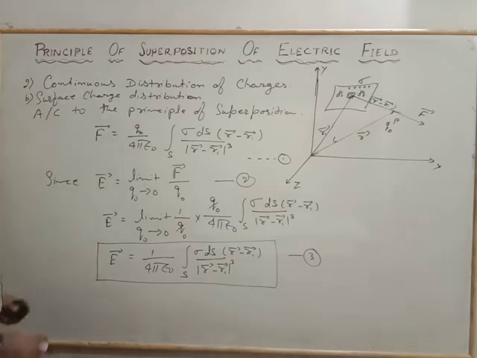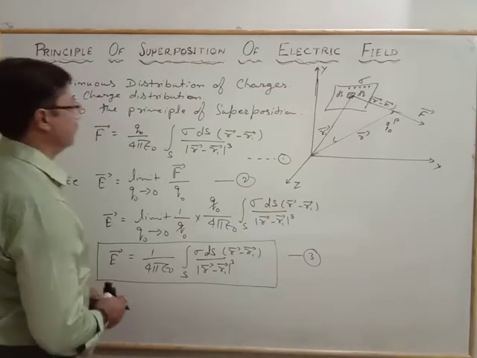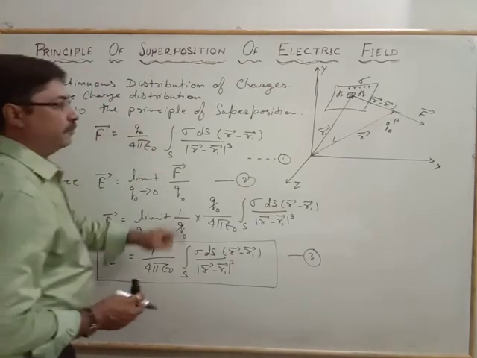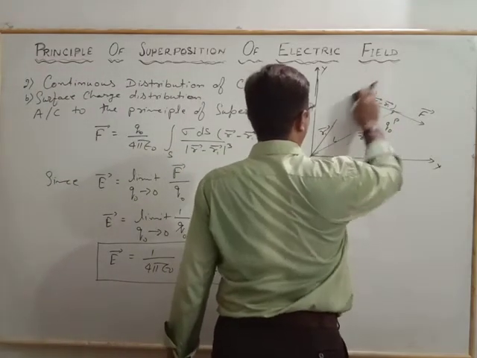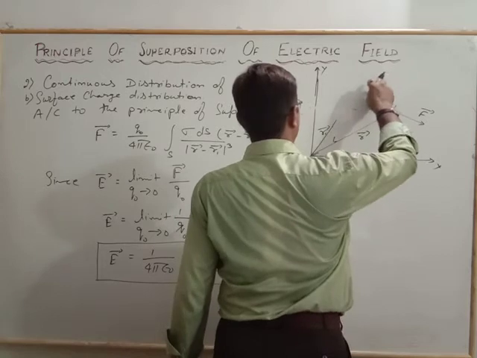And likewise, the third is the volume charge distribution. The same way we will do the volume charge distribution. Let's suppose here is a volume, and we consider a very small volume element.